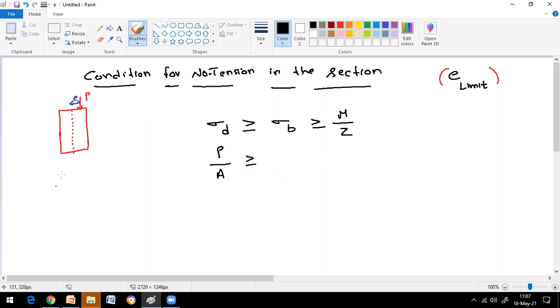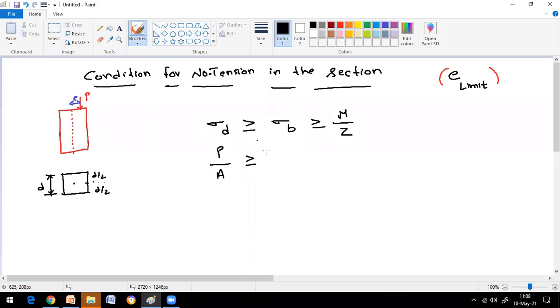Let us take a square section with a depth of D, so half of it is D by 2.